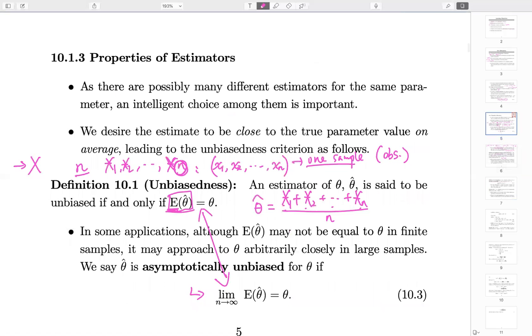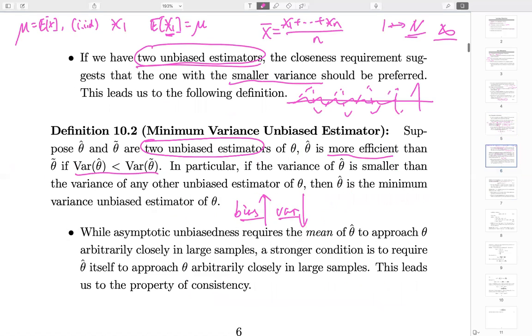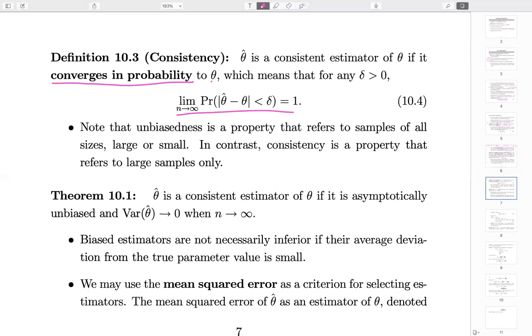This is usually what we call convergence in L1, right? Because mean is L1. But you can also define LP. So there are different types of convergence. We don't want to go into that area. It's definitely beyond the level of this course. That is the reason why we only introduced this definition, but I doubt we will ever use this.